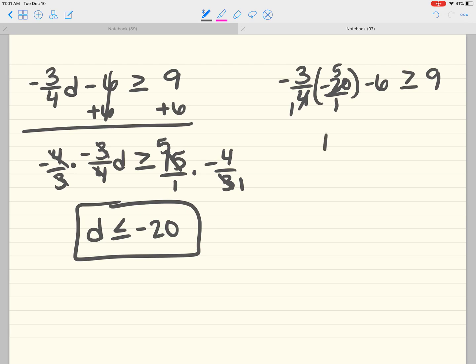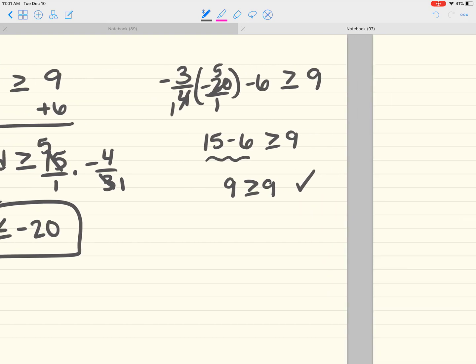Negative 15. Negative times negative is a positive. What's 15 minus 6? 9. Is 9 greater than or equal to 9? Yes, because it's equal to. Remember when it says greater than or equal to, that doesn't mean it has to be both, just one or the other. Okay? All right, I'm going to look at one more before I show you a couple word problems.